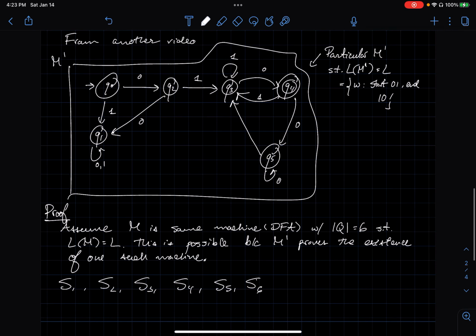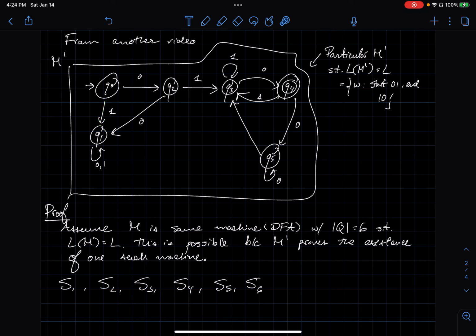And now it's time to pick the 6 strings. And to pick the 6 strings, I'll use how the machine M prime works, okay? The game I'm going to play is I'm going to try to pick strings that go to different states in the machine M prime.